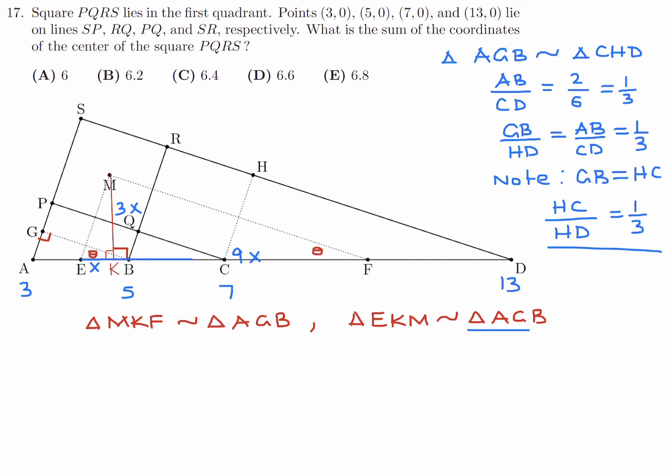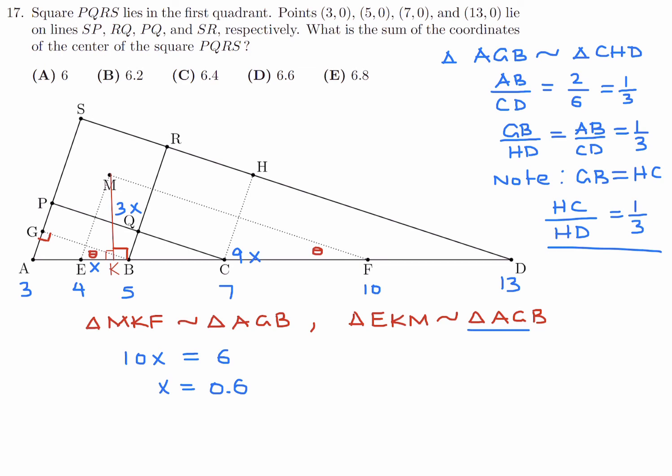Now we know the distance all the way from E to F, according to my labeling, is x plus 9x, which is 10x. But E all the way to F, we actually know the distance. E is 4, F is the midpoint from C to D, so that's going to be 10. So from E to F is 6. And therefore x is 6 divided by 10, which is 0.6.